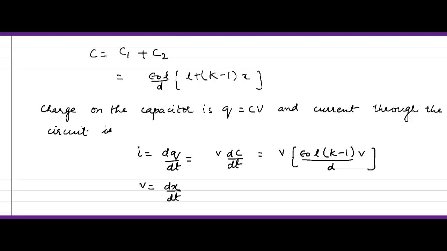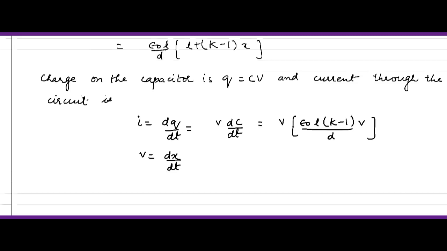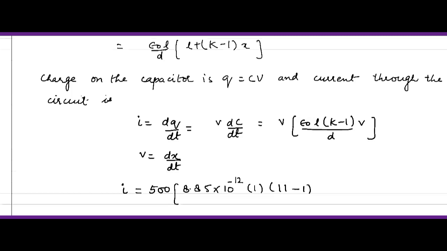Now we will substitute the values. The current I: the value of capital V is 500, the EMF, 8.85 into 10 to the power minus 12 is the value of epsilon naught, L is 1, the value of K is 11 minus 1, and the speed at which the plates are being lowered is 0.01, divided by d, 0.01.